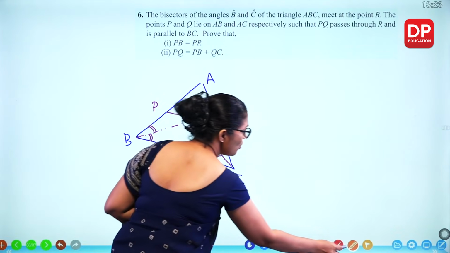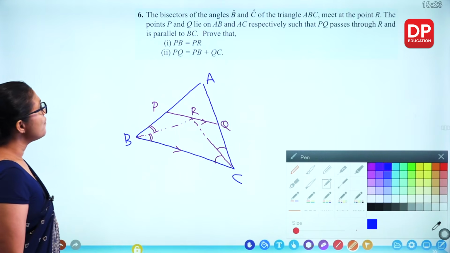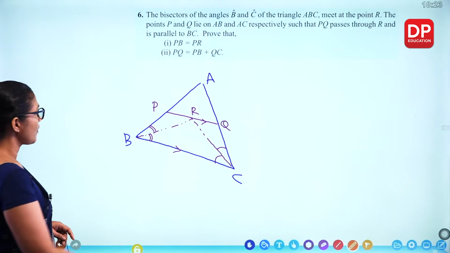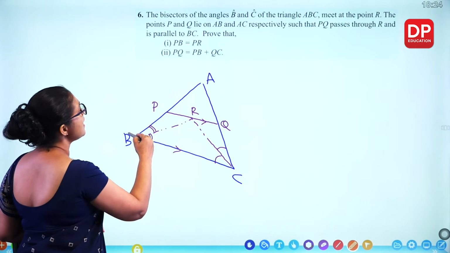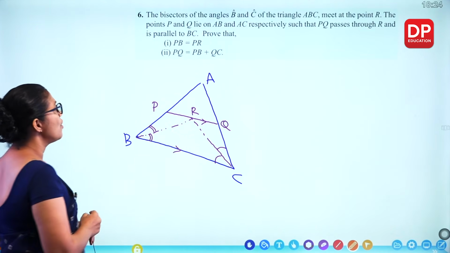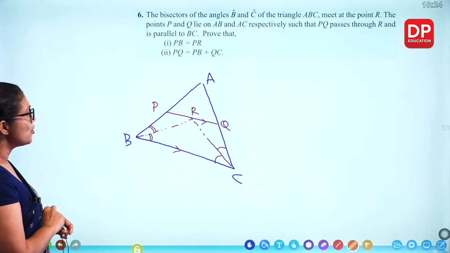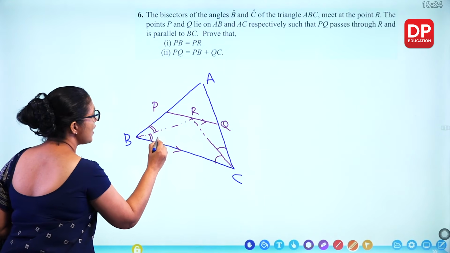Now we'll try to answer the question. It says prove that BP is equal to PR. So you are asked to show this distance is equal to this distance. So we'll use some letters and try to find out.